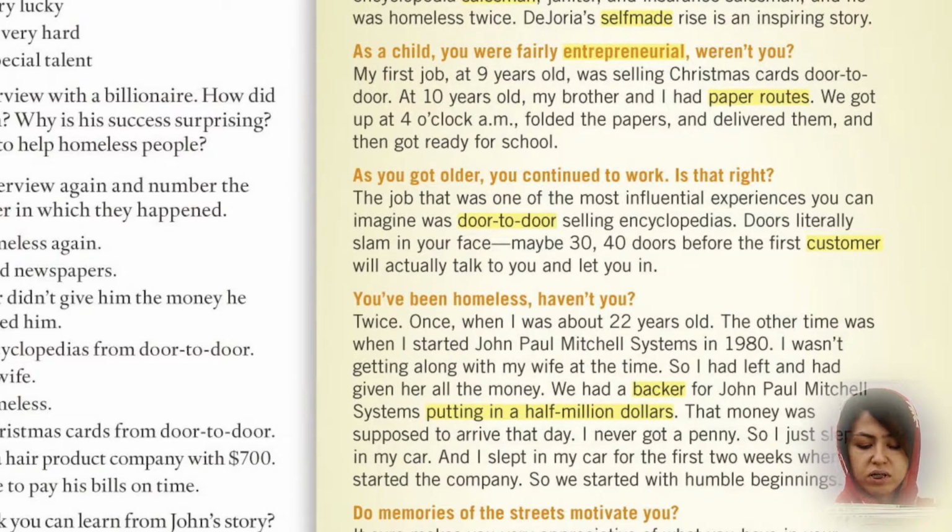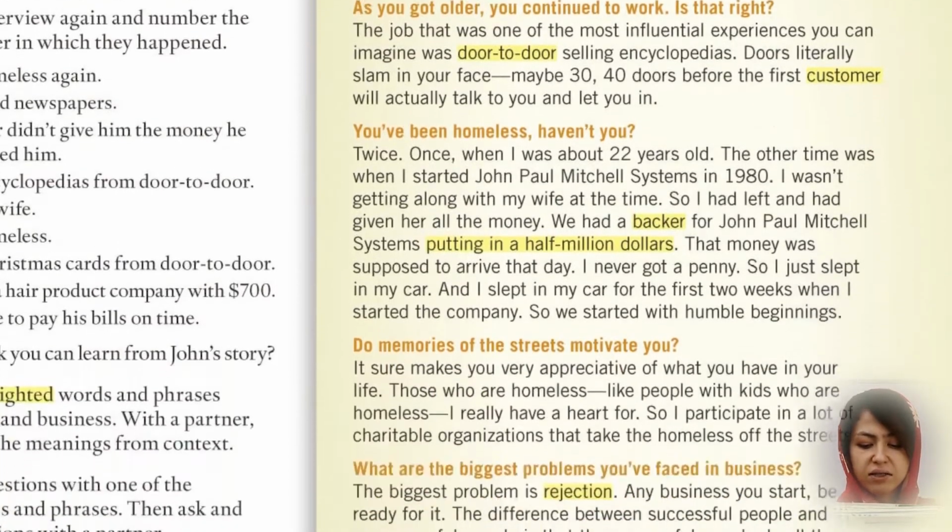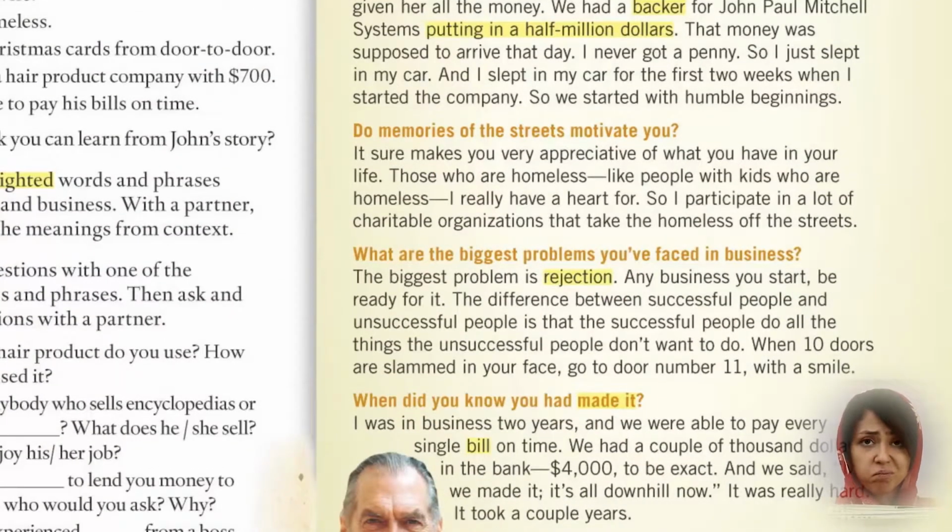That money was supposed to arrive that day. I never got a penny. Didn't have any money, okay? It was almost penniless. So I just slept in my car, and I slept in my car for the first 2 weeks when I started the company. So we started with humble beginnings. Highly difficult experience to go through.